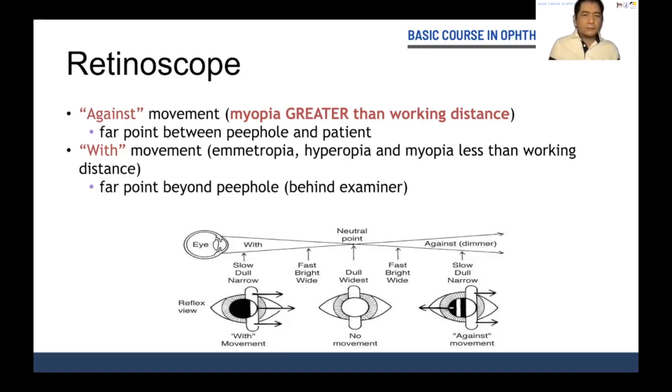At this point, the far point is between the peephole and the patient. And when you see a with movement, there are three conditions: emmetropia, hyperopia, and myopia less than working distance. With movement, the far point is beyond the peephole or behind the examiner.